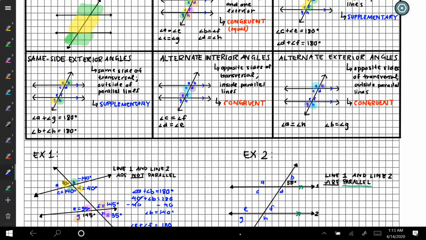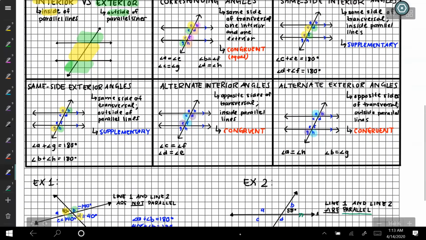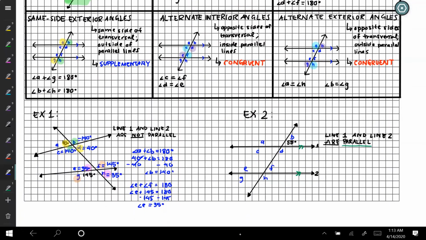So let's look for all of our congruent angles. Because these lines are parallel, I'm going to look for corresponding angles. So same side of the transversal, one exterior and one interior. So that means that angle F also equals 55 degrees.